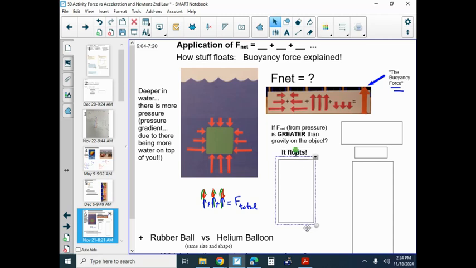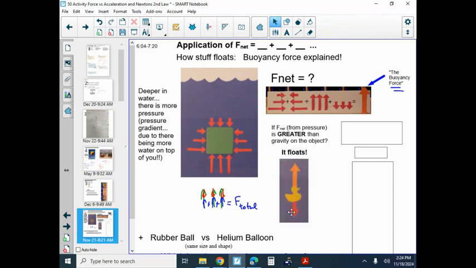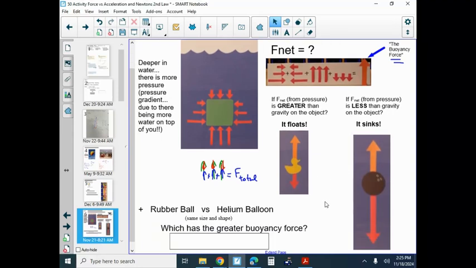If all of those forces are greater than the gravity force, then it gets a lift force up and accelerates up. Or if they end up the same, it just stays where it is and floats. So if you put a toy down in the water, it comes accelerating up because the buoyancy force is greater than the gravity force on it. If it's less, then it sinks.